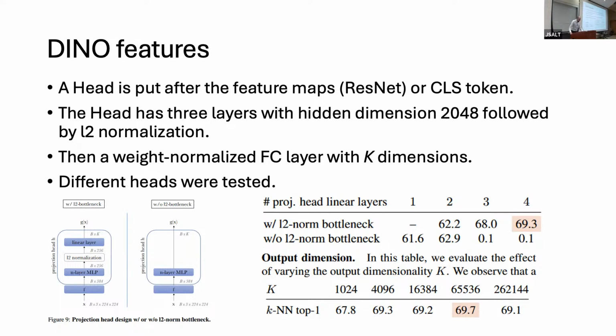Also they tried some other architectures. They were using one with a bottleneck and normalization, and one just with the MLP. But these are ablation studies; you can work through them in the paper, and you can see that the L2 norm bottleneck was the best one to use for the optimization. After this, you throw away your head and just use the class token feature.